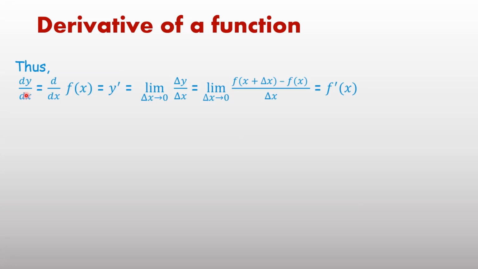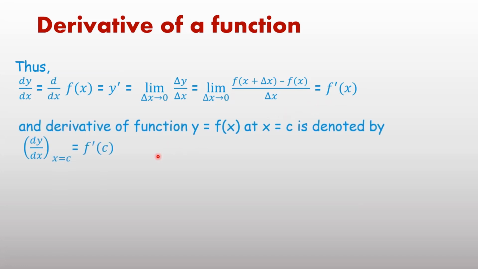All represent the derivative of the function, the same notation. At any point, if we want to find the derivative of the function, calculate f dash x and in place of x write c. You can find the derivative of the function at x equal to c.